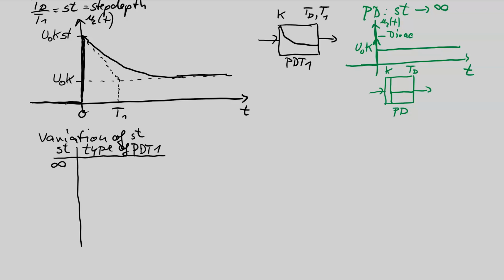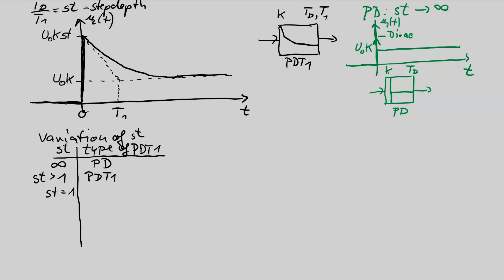PDT1. If step depth goes to infinity, we have seen the type changes to a PD block. If step depth is larger 1, this is a PDT1. In Germany, we don't differ between step depth values larger and smaller 1.